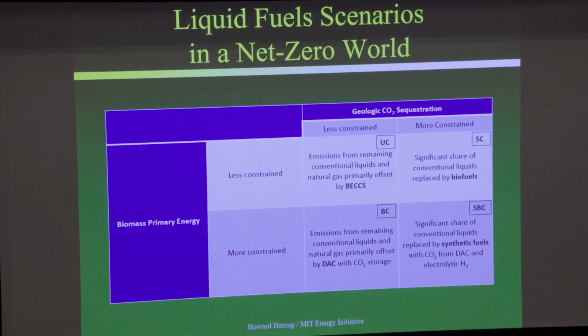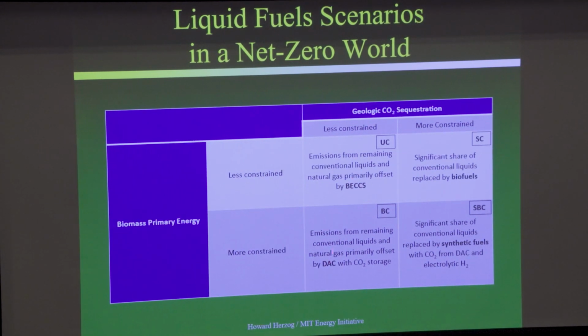Also here, we're also talking about using liquids, but now offsetting it by direct air capture. And this column here is, we have no restriction on geologic storage, so both of these, BECCS and DAC, use geologic storage.